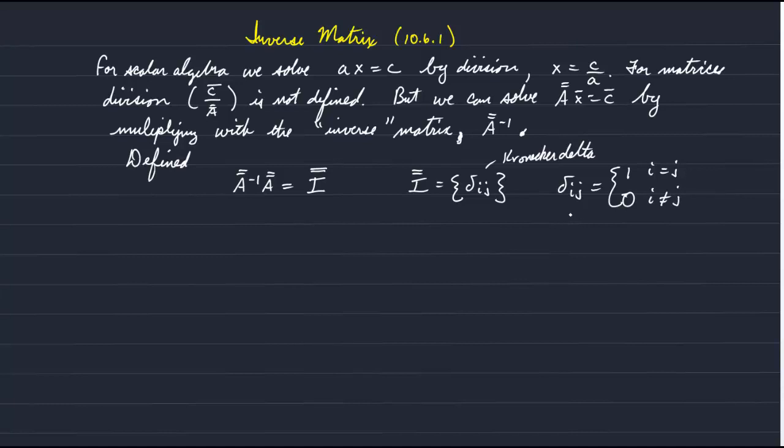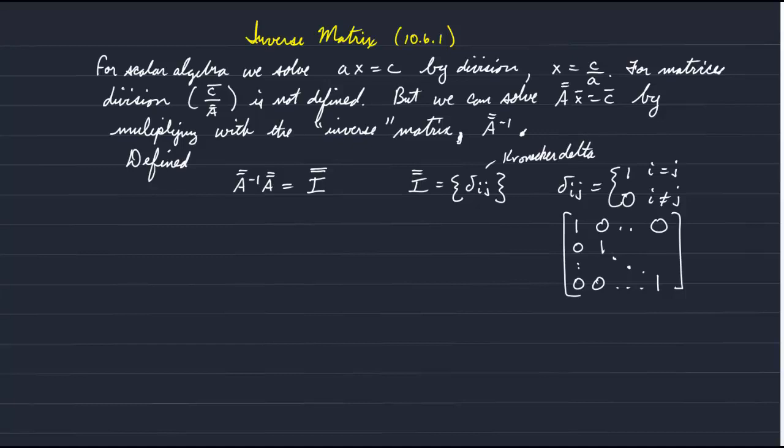And written in matrix form, this means that the only non-zero terms are ones on the diagonals. Okay, that's just to remind you about the identity matrix. We're going to actually build the identity matrix when we derive how to solve for the inverse matrix. So keep that in mind.